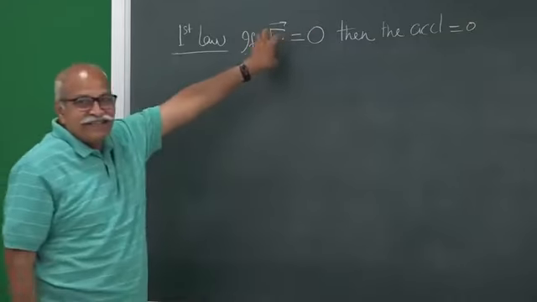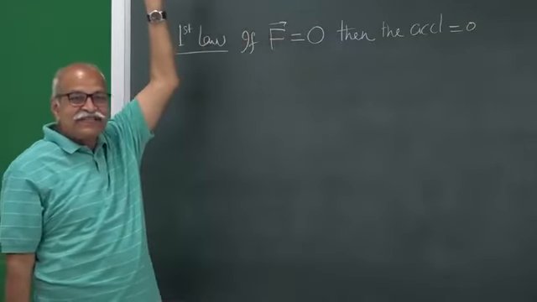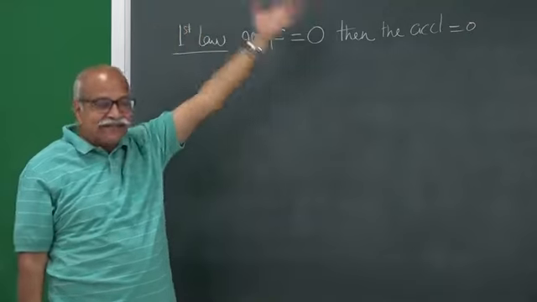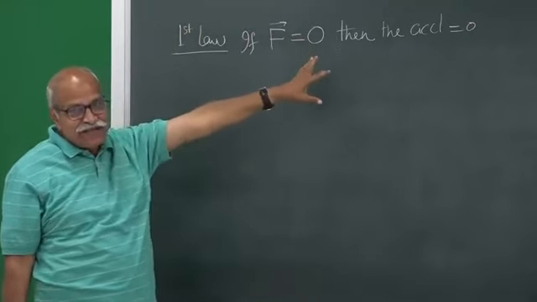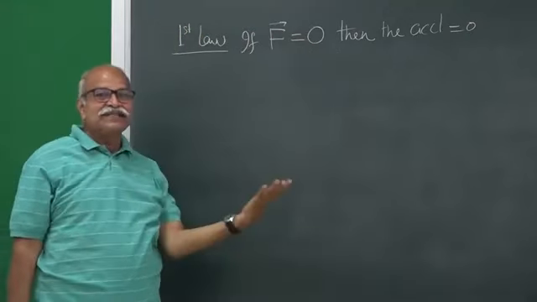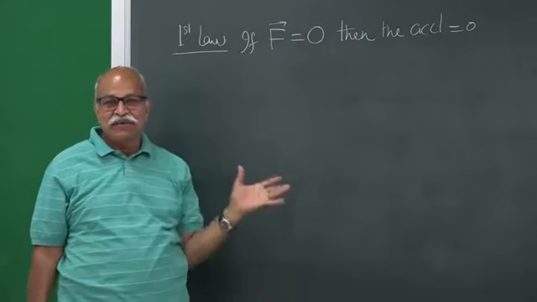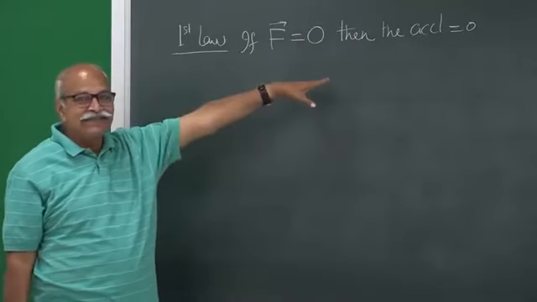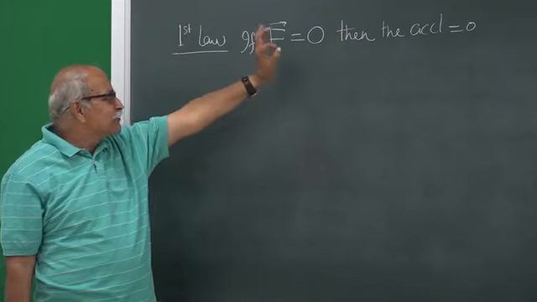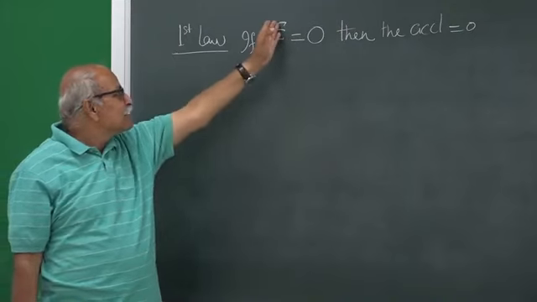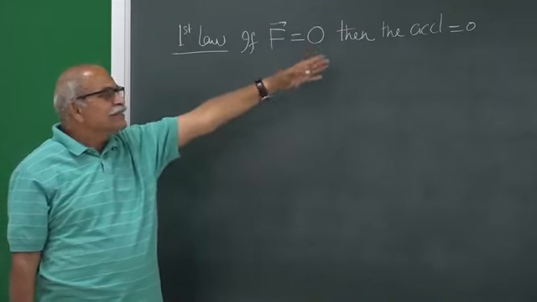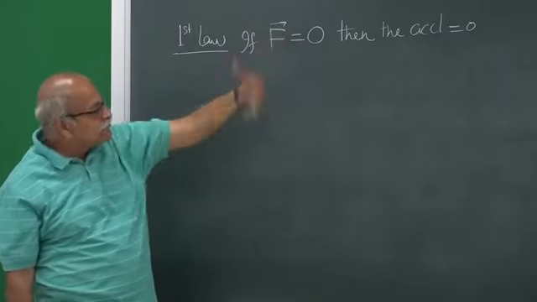Essentially this is it in a nutshell, because if it is at rest and remains at rest, that means acceleration is 0, or it moves with a constant velocity, same direction, same speed, that also means acceleration 0. So, if the total force on the particle is 0, then the acceleration should be 0, and vice versa also.